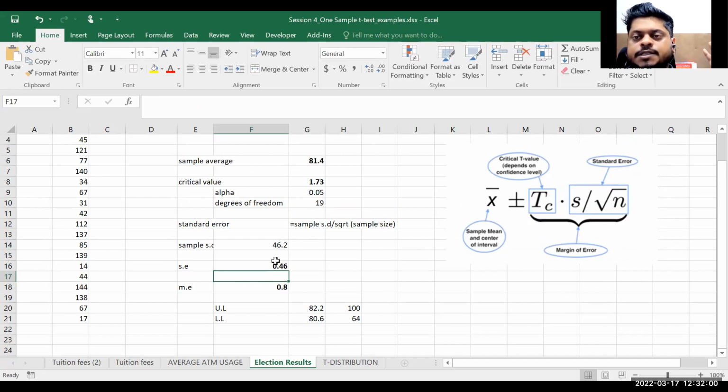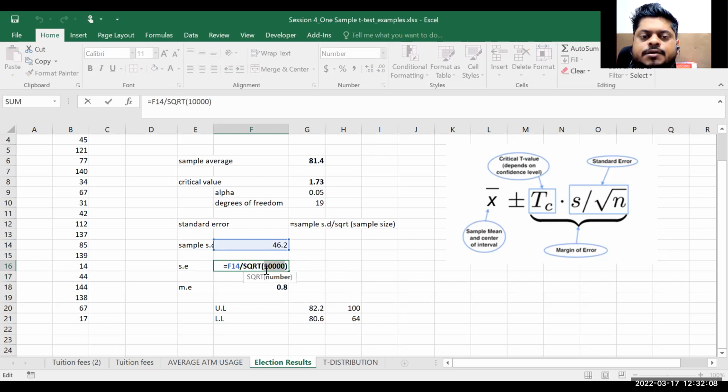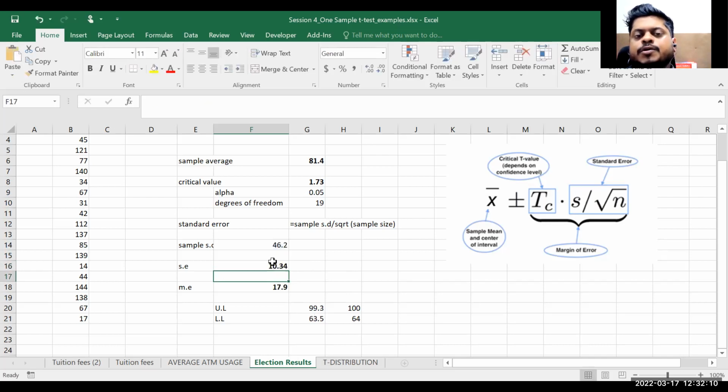If my sample size is bigger, my margin of error will be less. If my sample size is less, here if you see it is only 20, right? My standard error is around 10.34. Around how much? 12% of my mean itself. That means I'm expecting 12 to 15% error in the data, whatever I have collected.